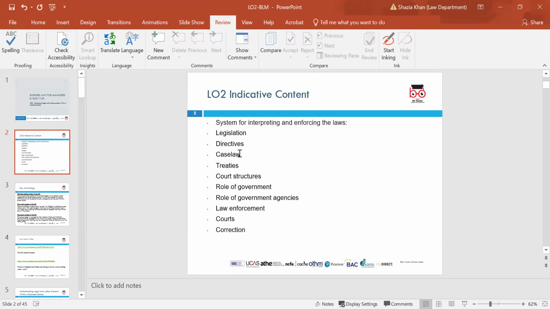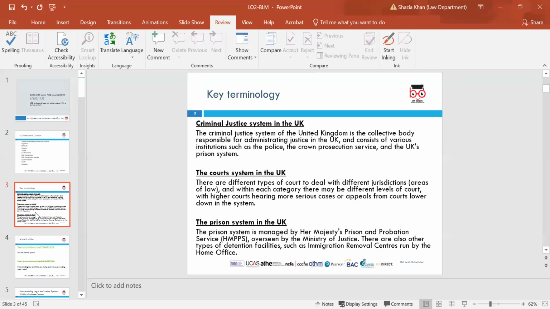We looked at legislation, directives, case law, treaties, court structures, the role of government, the role of government agencies, and law enforcement, courts, and correction.